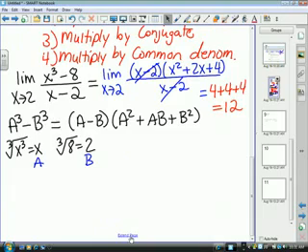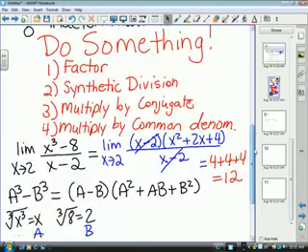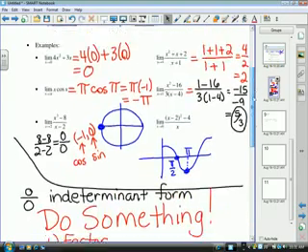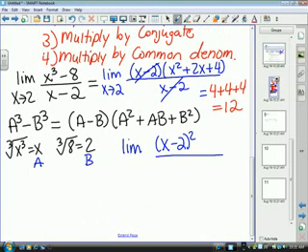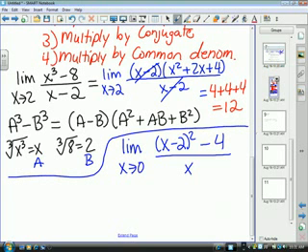All right. So let's take a look at that second weird case problem that's on there, which is x minus 2 squared minus 4 over x, and it's x approaches 0, I'm assuming. All right. Well, if you substitute 0 in there, trust me, you get 0 over 0.